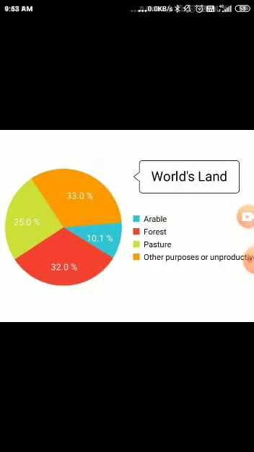Now let's see the world's share of land. Now students, this particular information in your book is given in a fraction form. And through this pie chart, I am presenting the concept in percentage form. Both the interpretations are same.